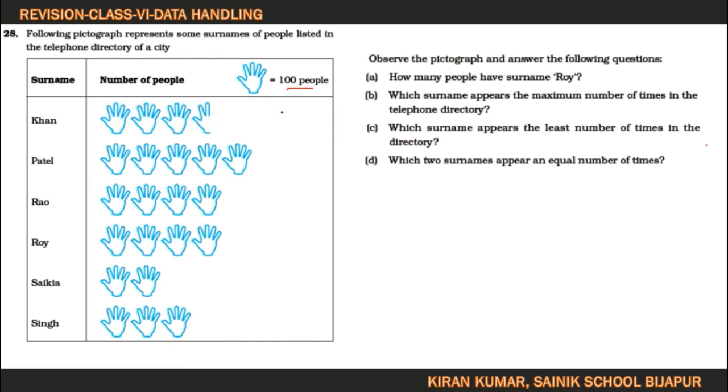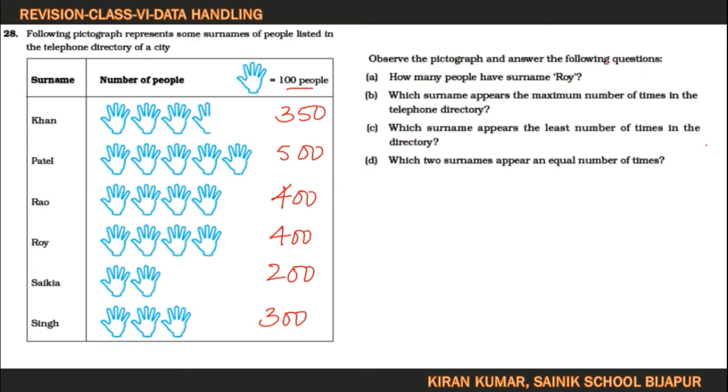This is half, so this is 350. Next is 1, 2, 3, 4, 5 times 100 is 500. Next is 4 times 100, 400. Next is again 4 times 100, 400. Then 2 times 100, 3 times 100.